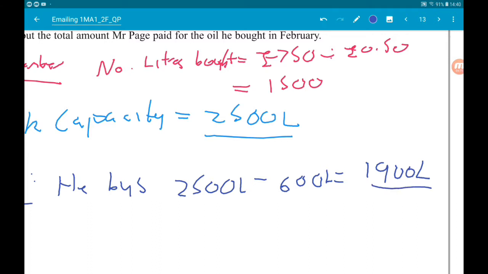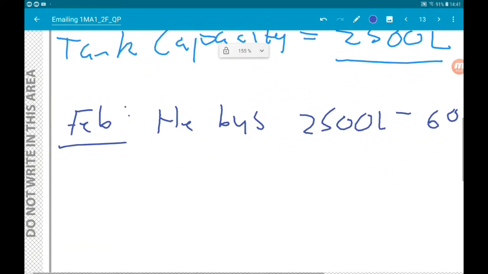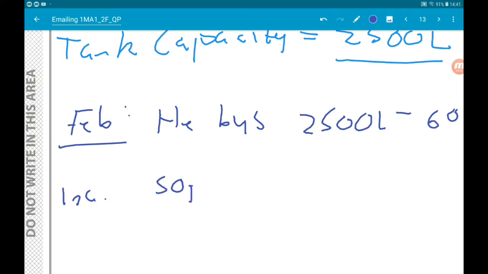the cost of oil has increased by 4%. So we need to increase 50p by 4%.